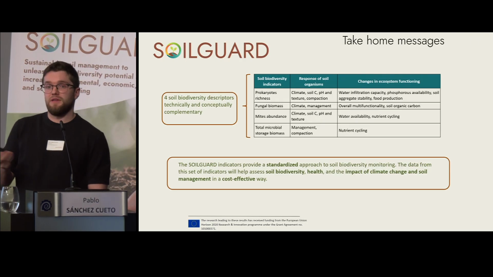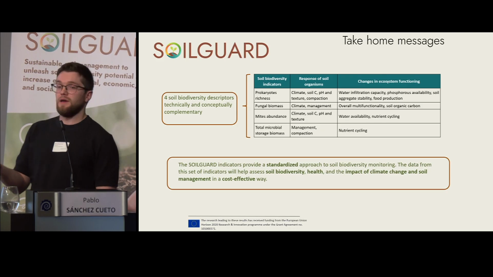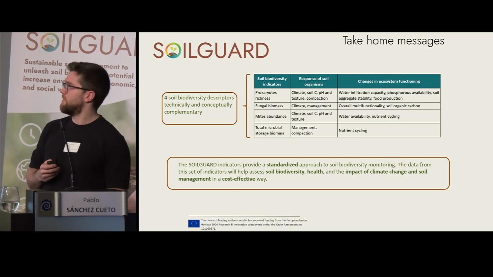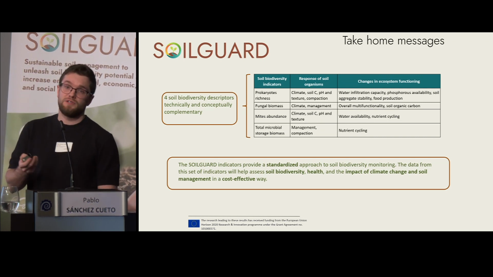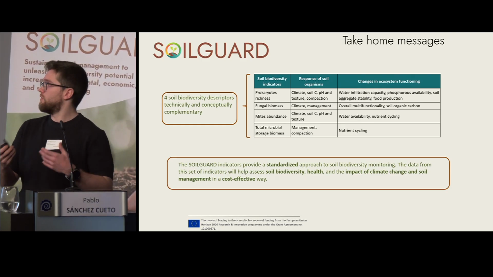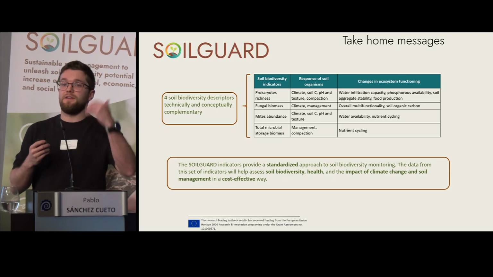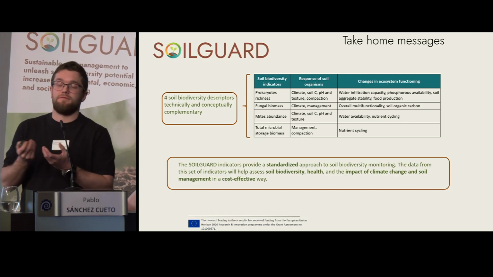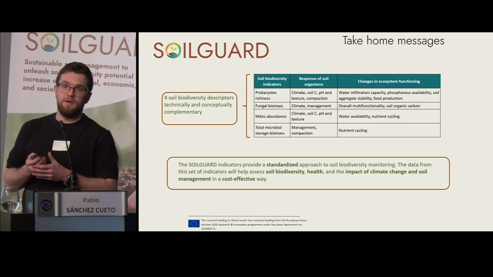This set of indicators can help to assess soil biodiversity and soil health, if we understand this as the functions that can be related positively or negatively with them, and also the impact of climate change or management in a cost-effective way. This depends on our perspective. If our perspective is the number of metrics that we have to measure from the soil, then with four metrics we can have relevant information from the soil.